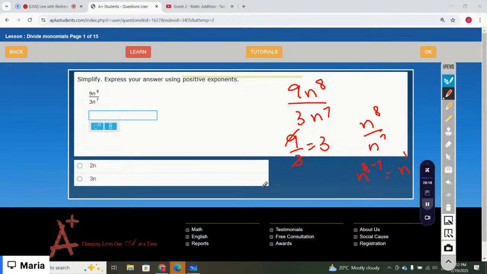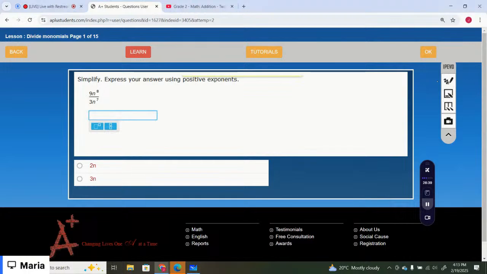That is n exponent 1. So that is 3n and option number 2 is the correct option.